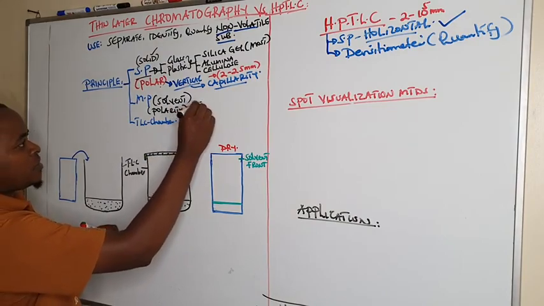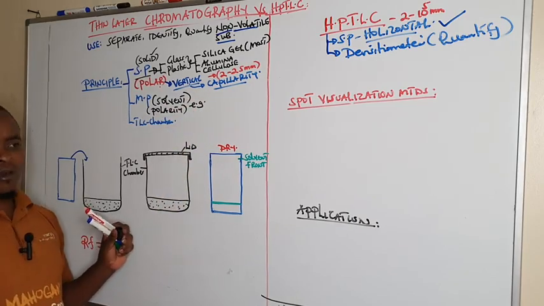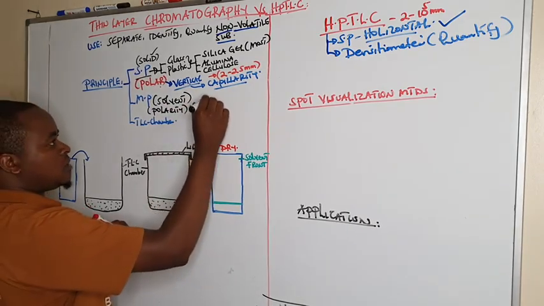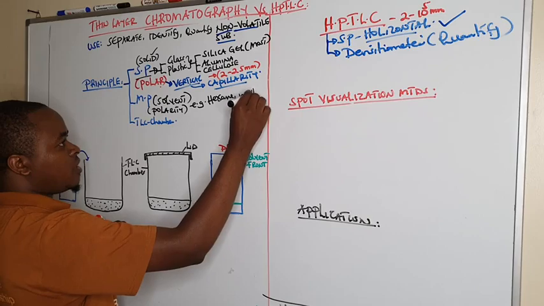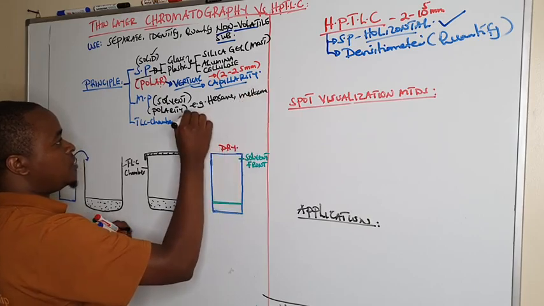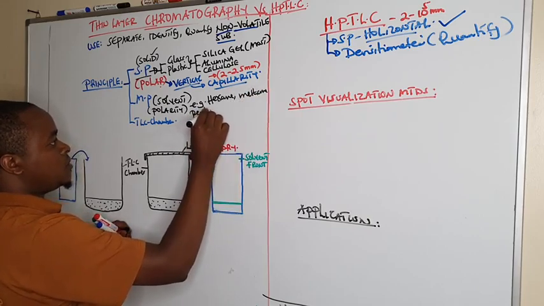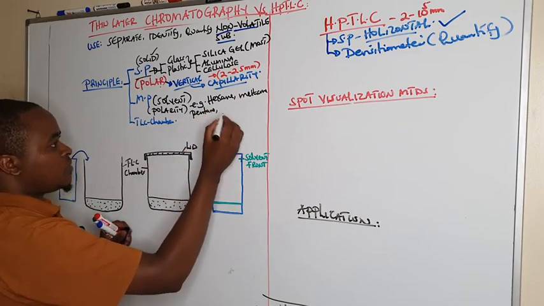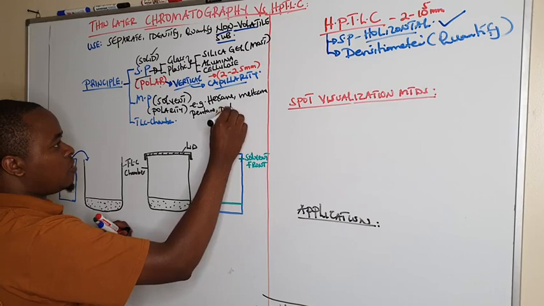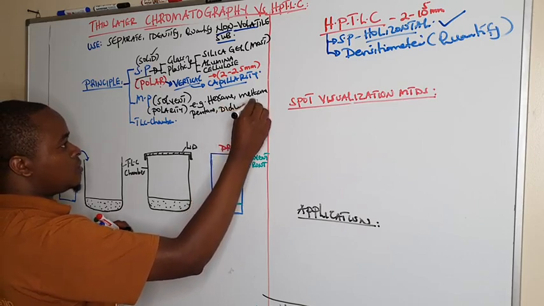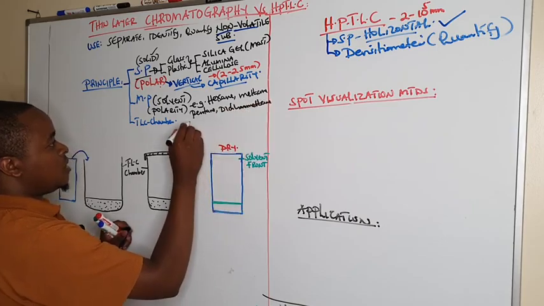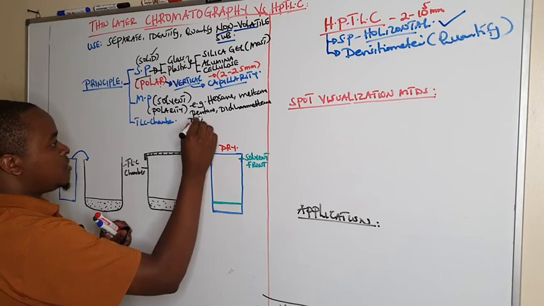So examples we can give under mobile solvents are solvents like hexane, methane, pentane. Examples like dichloromethane, all these are used.